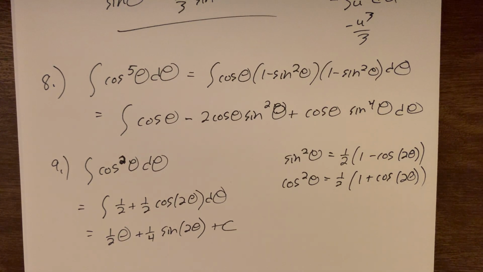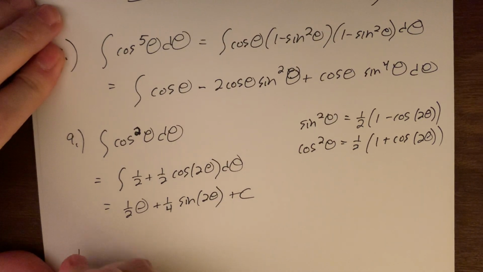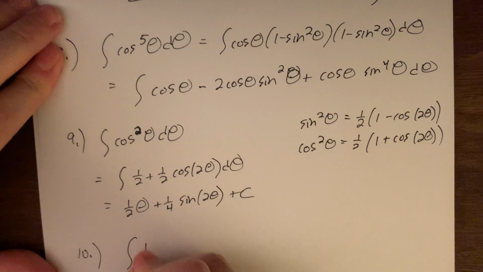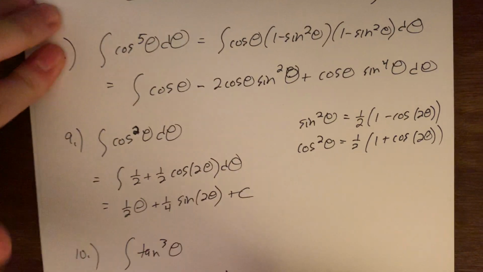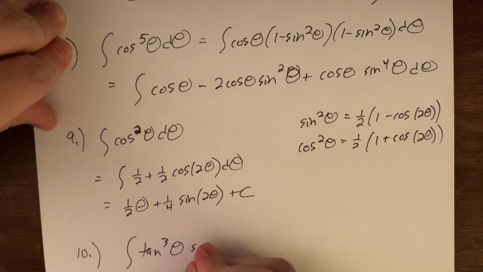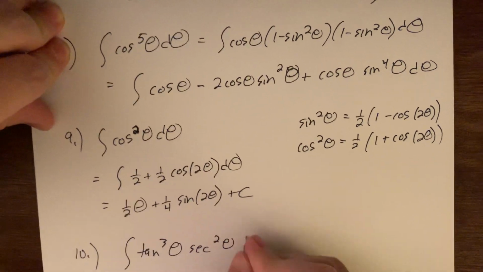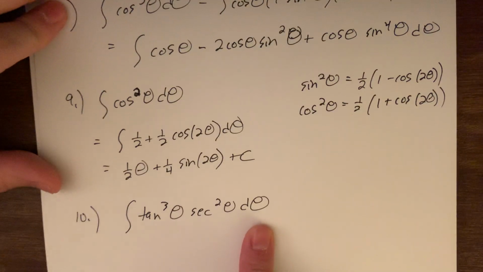Okay, so lots of sines and cosines so far. So we see how they work nicely together and how we can manipulate one into the other. And now we should realize that tangents and secants are a little similar. Number 10, let's look at the integral tangent cubed secant squared.